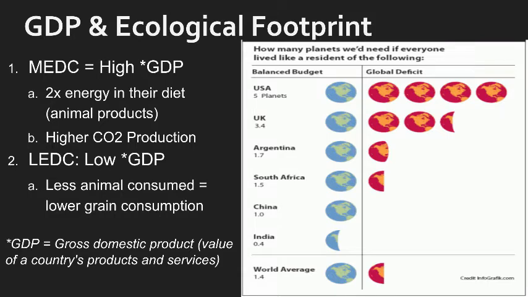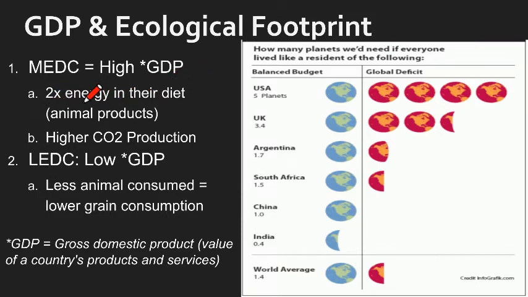Quick note on populations here, just discussing GDP, our gross domestic product, one more time, and ecological footprints, and try to relate these population concepts to ecological footprints. So our MEDCs, more economically developed countries, tend to have higher GDPs. This is the value of the total country's products and services that they produce.